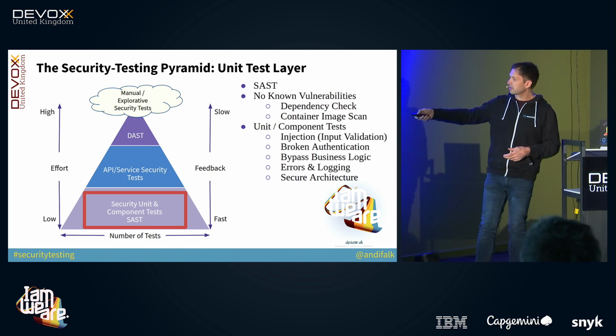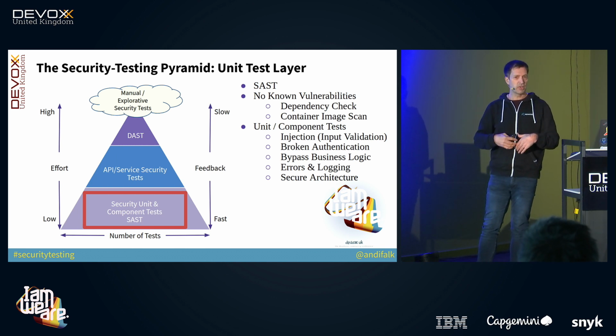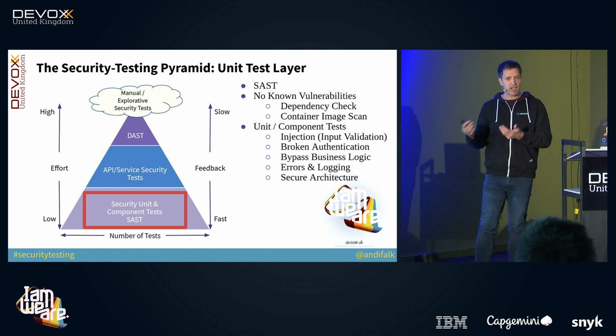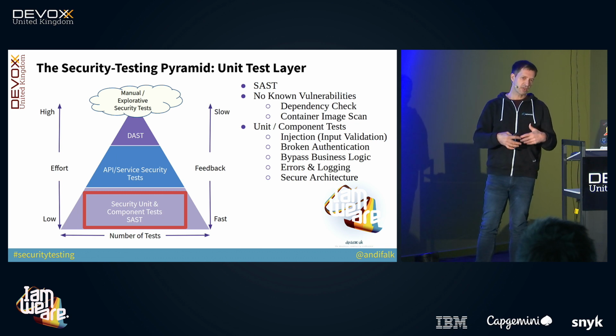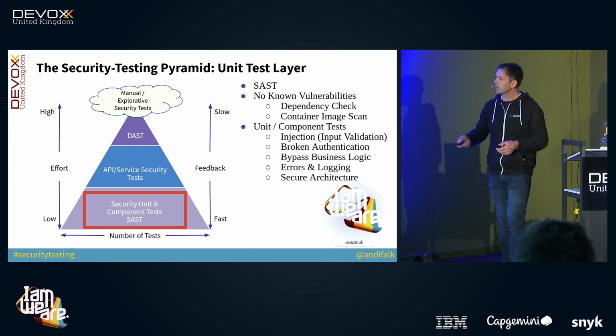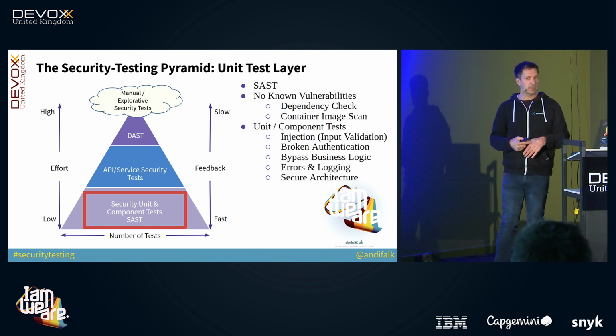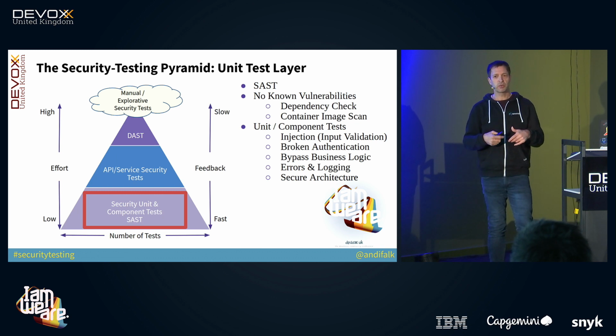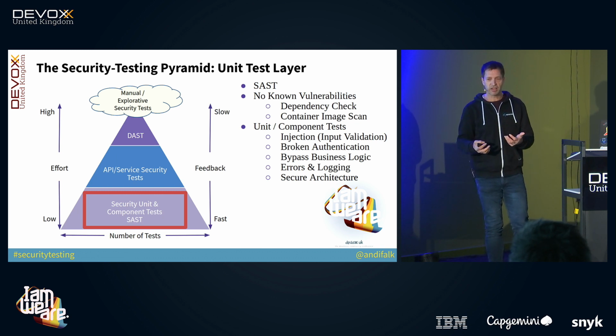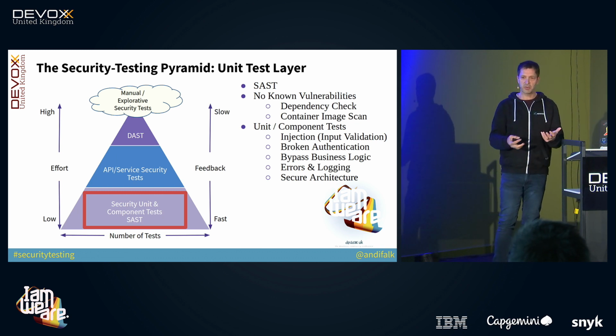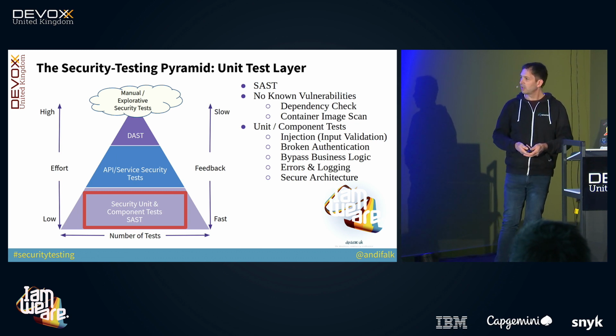Also, you can test already at this stage if you return stack traces from your functions, which is a bad thing, because that gives attackers more information than is really needed. And you can also check for logging, for example, if your logs do not include sensitive data like passwords, secrets, or AWS keys, or something really strange.